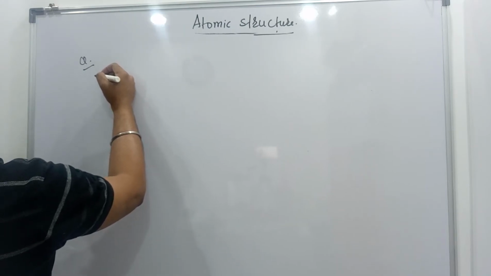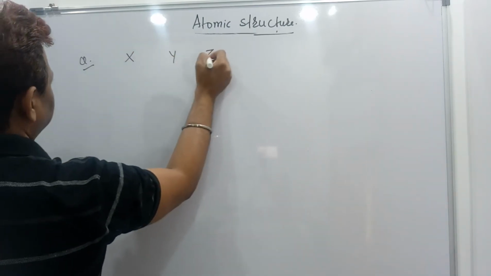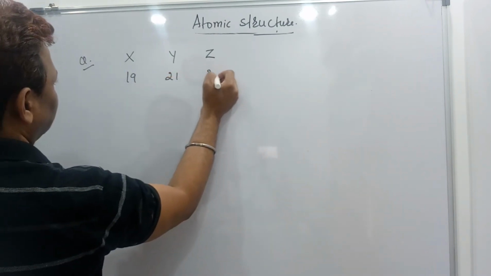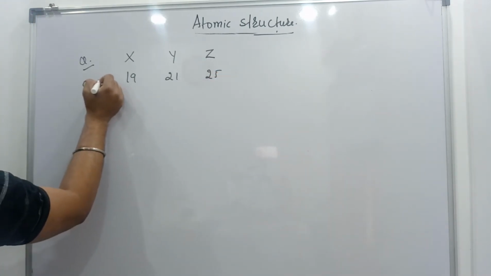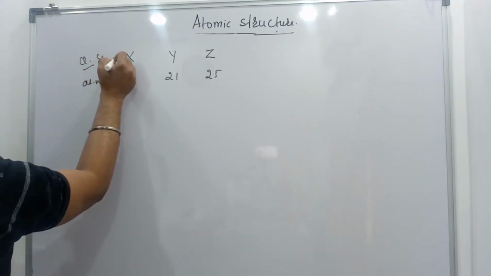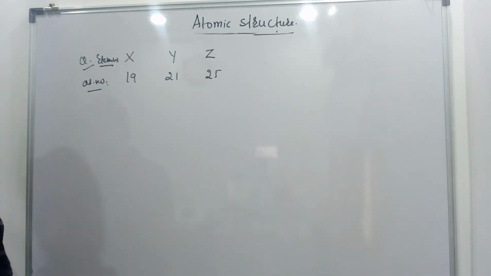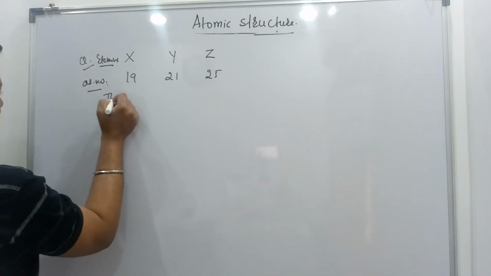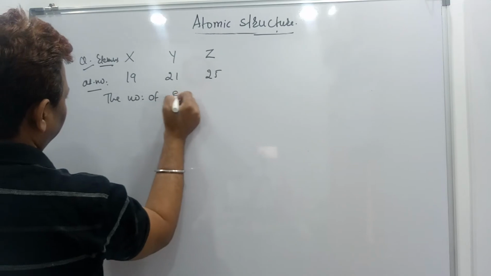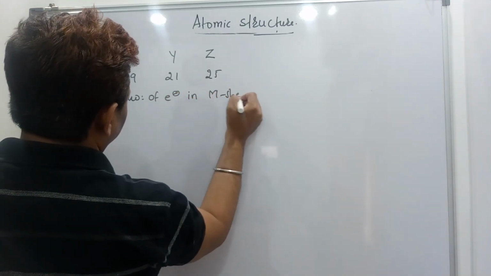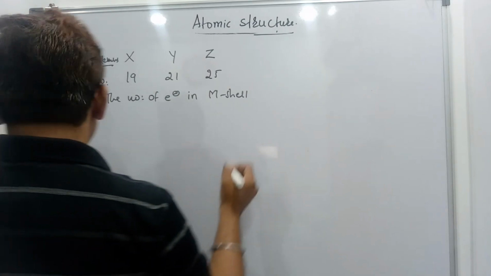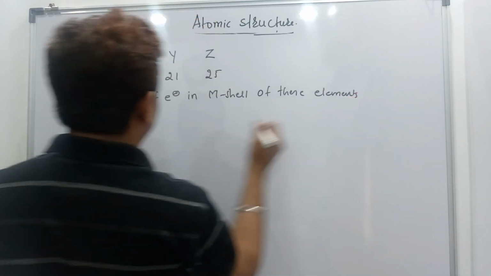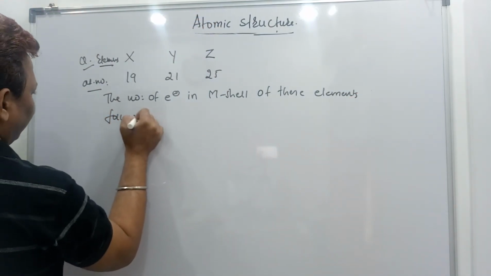Now, I am having 3 elements X, Y and Z, with atomic numbers 19, 21, 25. The number of electrons in the M shell of these elements follows the order.